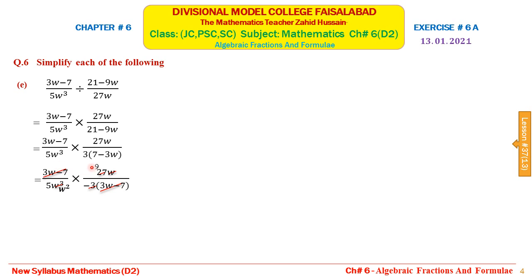So 9 multiplied by 1 is 9, and minus sign is this 5w square in the denominator. 5w square, there is nothing, I mean 1. 5w square multiplied by minus 1 will give us minus 9 over 5w square. So the final answer after dividing these two fractions, we get minus 9 over 5w square.